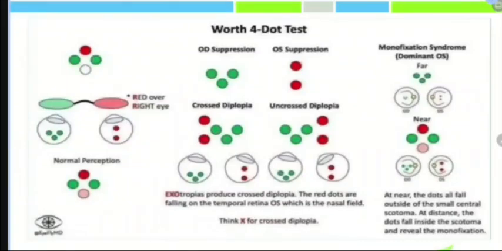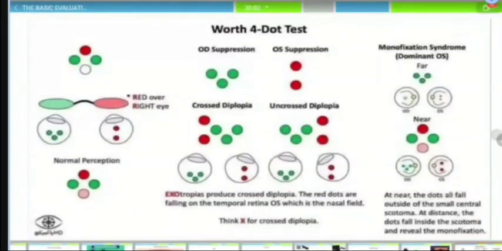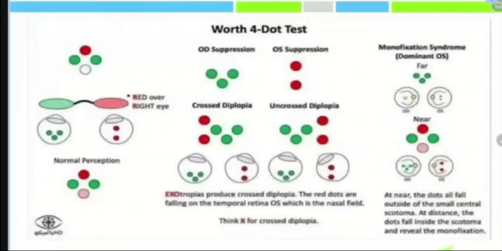In some cases, as I've already said, the Worth 4 dot test must be done for both distance as well as near. In those cases, people can give different interpretations for distance and near. All these tests, like crossed and uncrossed diplopia and suppression, will be the same for both distance and near, except for one thing.